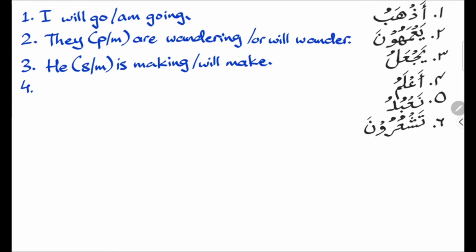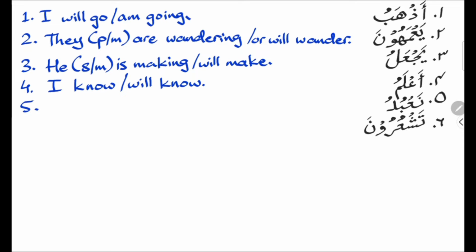Number 4, أعلم. Again, أعلم is on the same wazn of أذهب, the first sentence, which means it's واحد متكلم. The root word for that is علم, to know. So أعلم means I know or I will know.